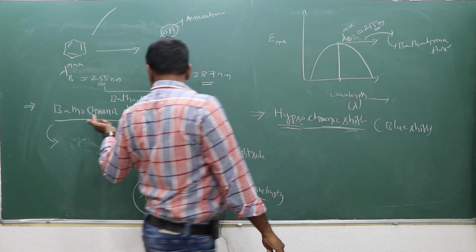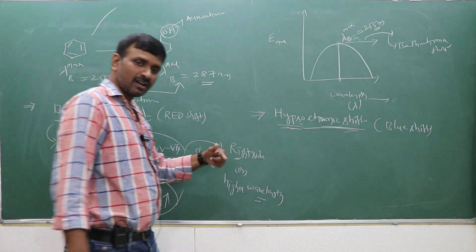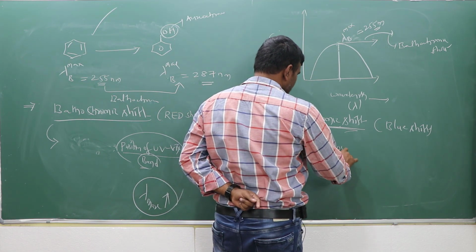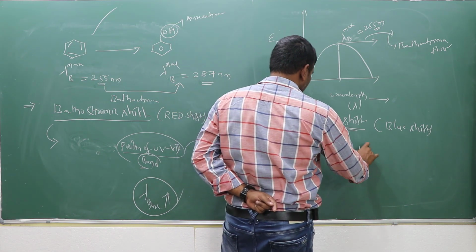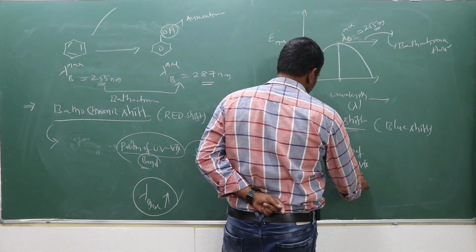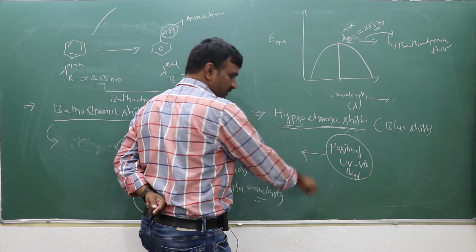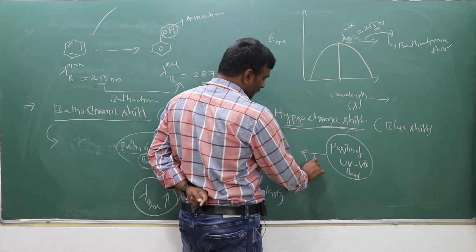This is opposite to bathochromic shift, where the position of the UV visible band shifts towards the right side or higher wavelength side. Now here the position of the UV visible band, that is the lambda maximum, is shifting towards which side? Left side.